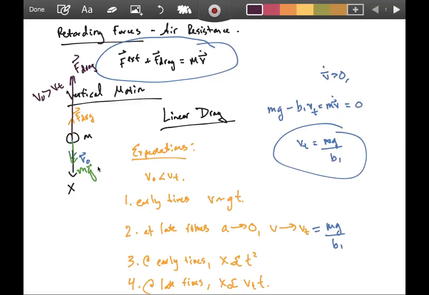So in this case, the dominant force is initially the drag force, but as it slows down, the net acceleration will be upward, causing the acceleration to go to zero, which means it's going to asymptote to the velocity that is my terminal velocity.